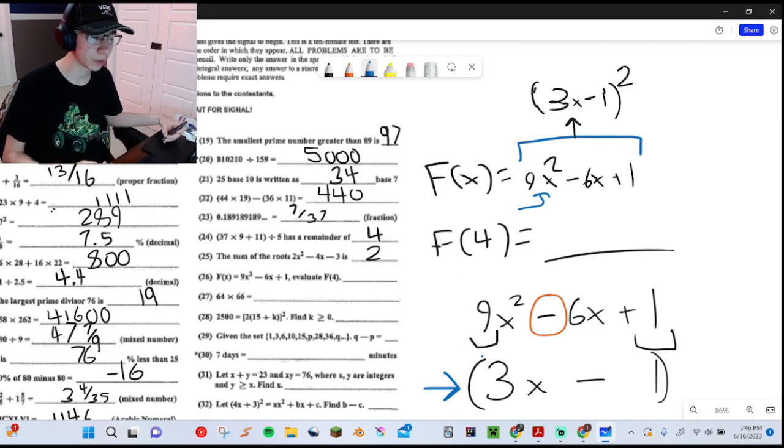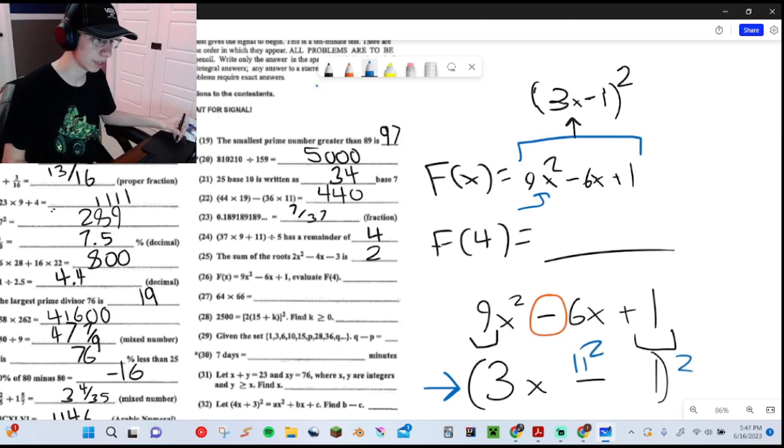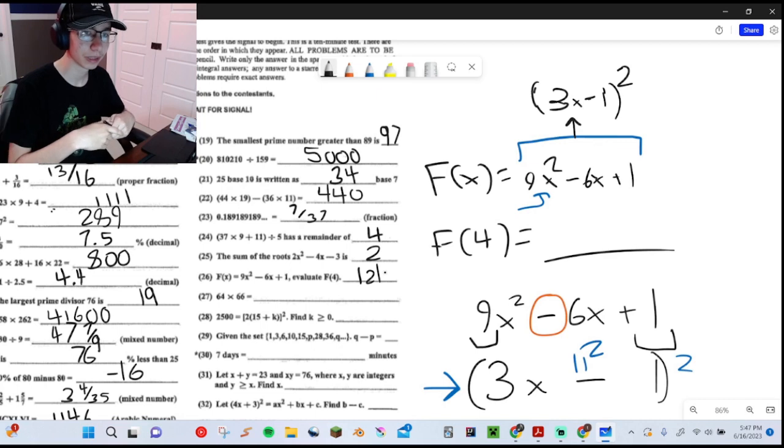So if I plug in 4 into here, I get 12 minus 1, so this comes out to 11 squared, right? And I come out with 121. It's just a perfect square. Compare that to if I plugged in 4 here, I'd have to do 9 times 16 minus 6 times 4 plus 1. It's just a lot more work when you could be doing way less.